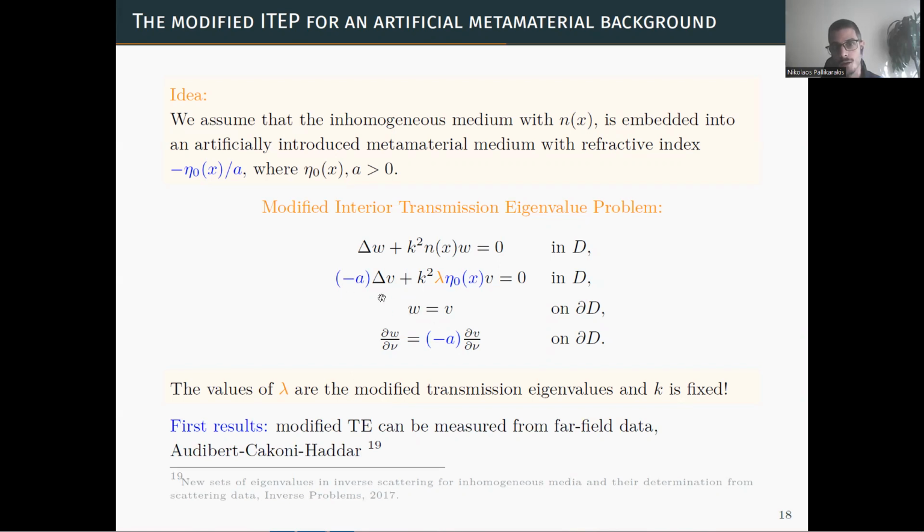This minus a makes the corresponding operator, which comes from the variational formulation of the problem, self-adjoint when you define it, due to this sign of minus a. So for that reason, we're talking about the metamaterial.